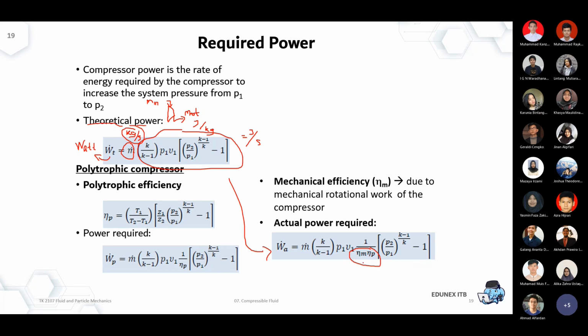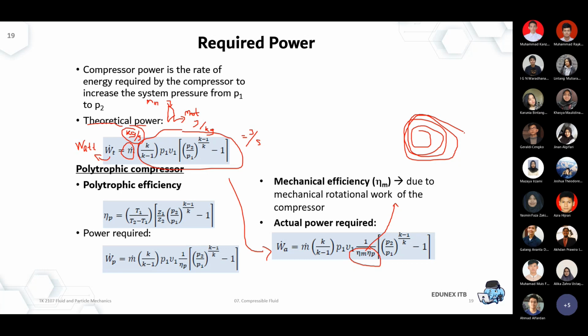And in this slide, it's provided as two separate efficiencies. The first is the mechanical efficiency, which accounts for the loss because of the mechanical rotational work of the compressor. You can imagine that the compressor, for example, involves very fast centrifugal speed rotation.